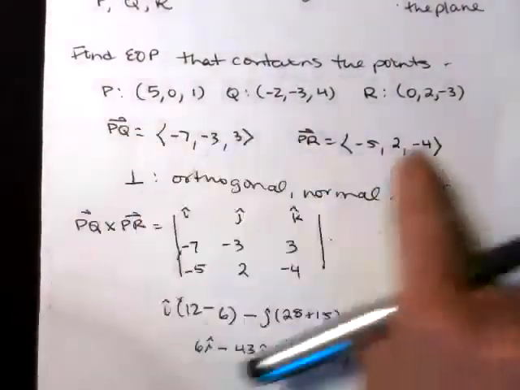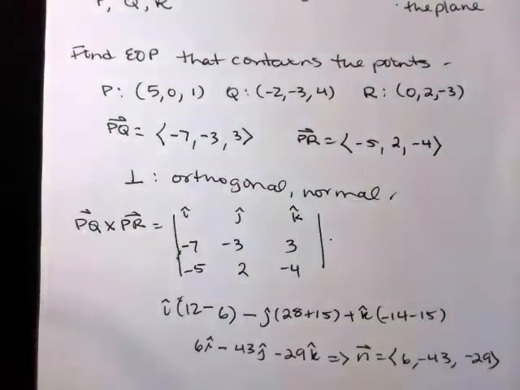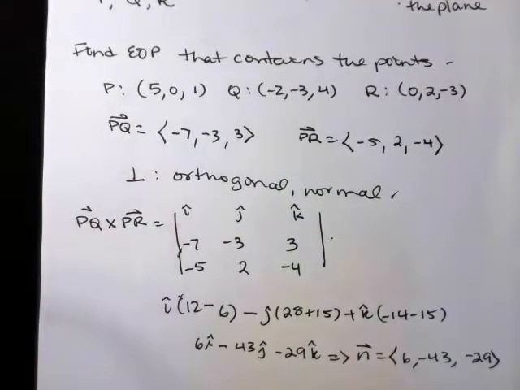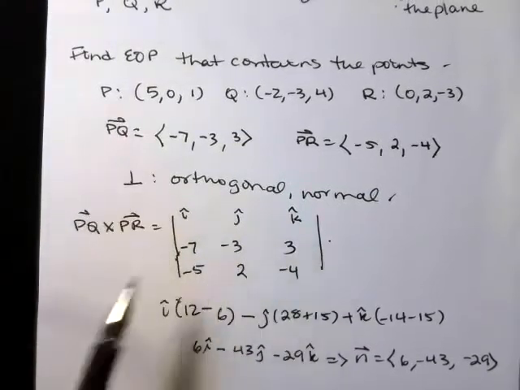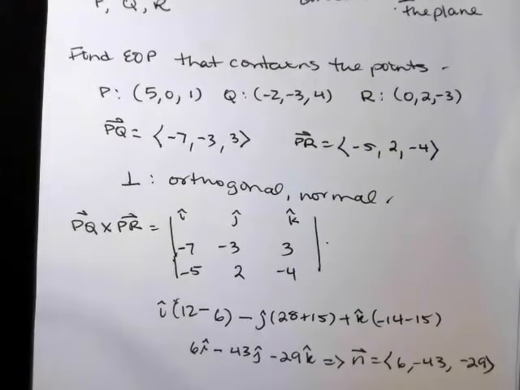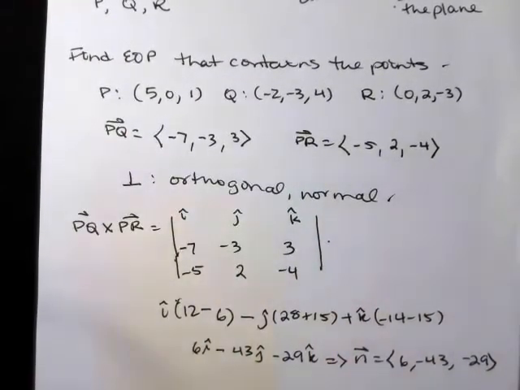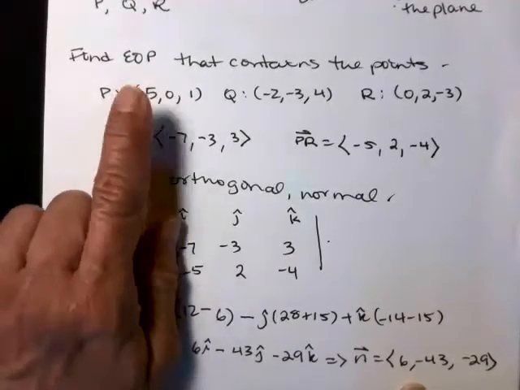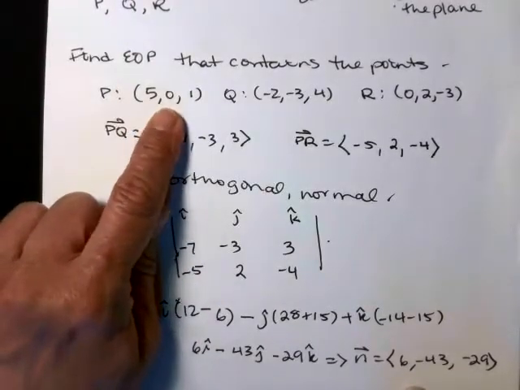Pick one of these to be the point. Doesn't matter which one. And then the way we do it, remember, you can do the dot product between your normal and some other random point in the plane. Or we can do 6x minus 43y minus 29z equals, and then to get d, we take n and multiply it by, I'm going to choose P because it's got a nice 0 in there.